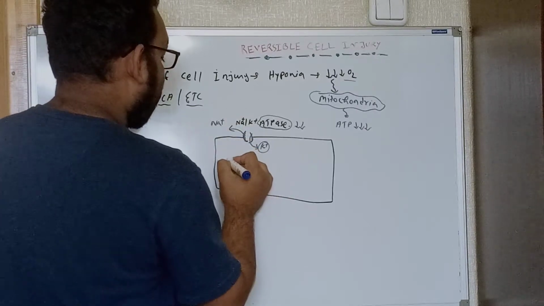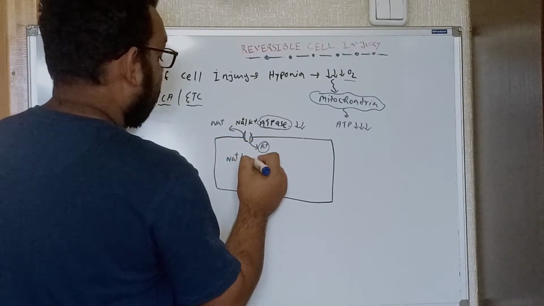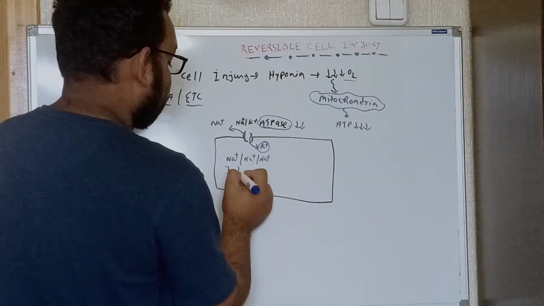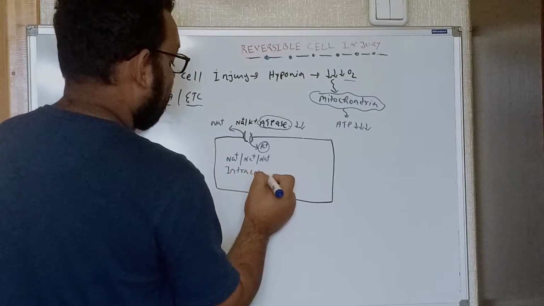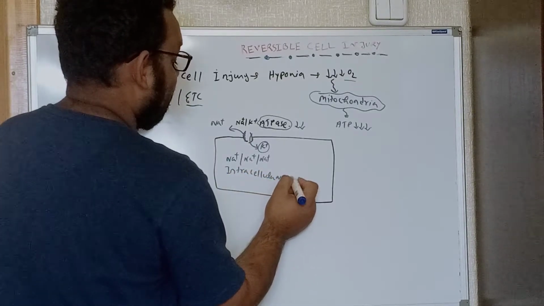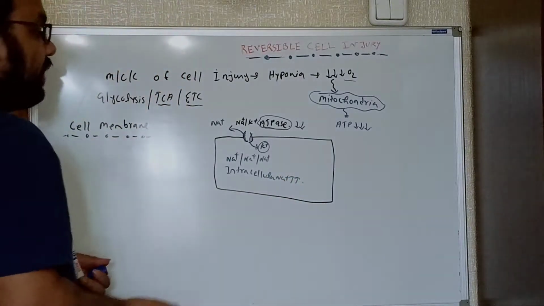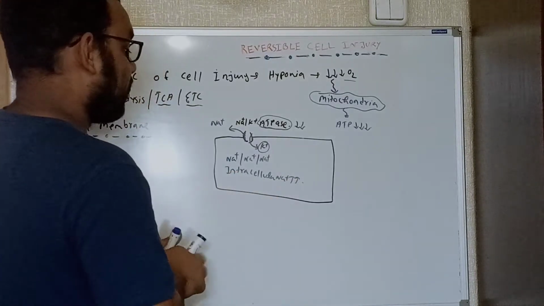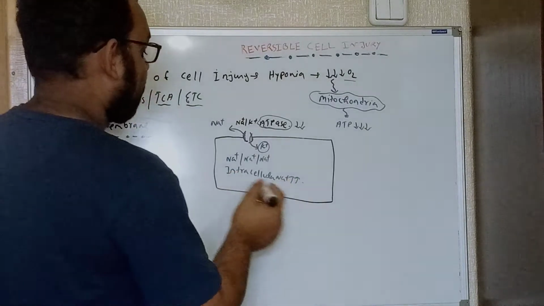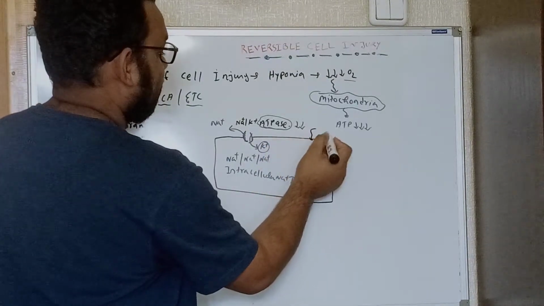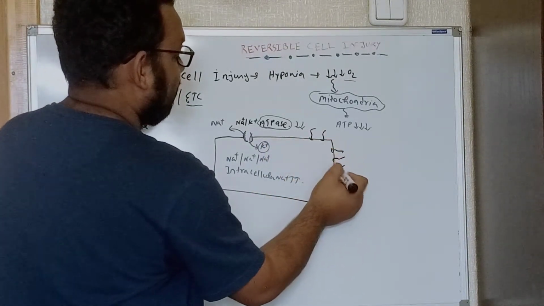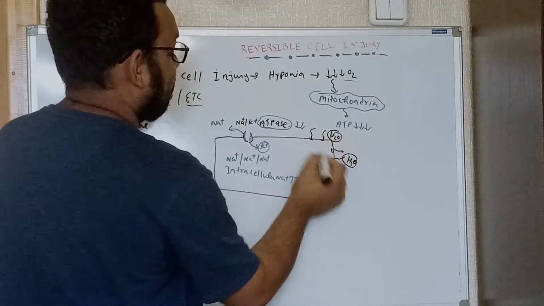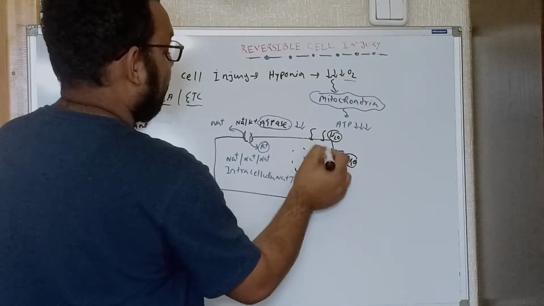As a result, we see accumulation of sodium within the cell, so the intracellular sodium concentration will be more. Whenever sodium is there, it is followed by water molecules, because sodium attracts water. So water molecules come from outside to inside.